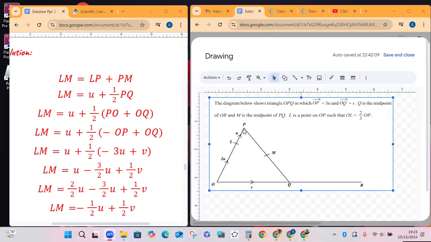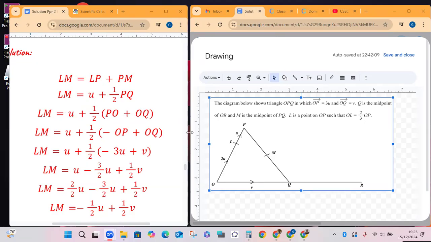Now PM is half of PQ. And LP is u. So LM is u plus half of PQ. Now, to go from P to Q, you can do a PO plus an OQ. So PQ is PO plus OQ. So LM is u plus a half, open bracket, PO plus OQ.